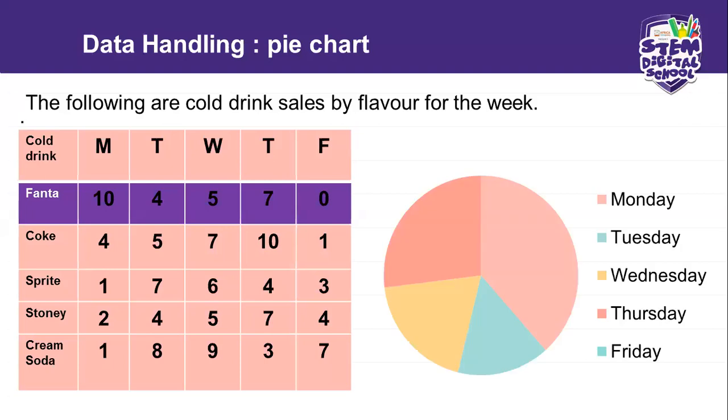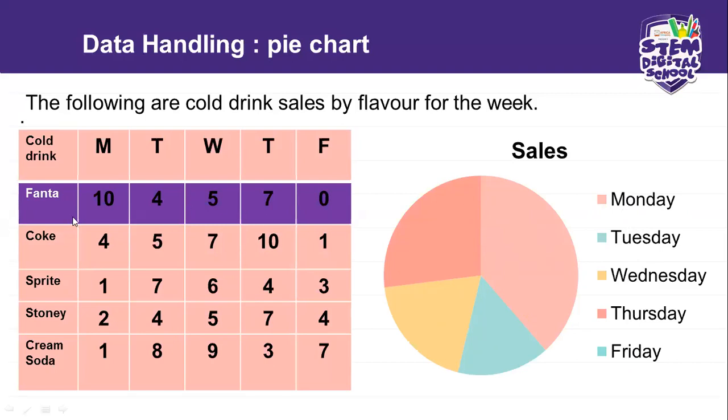Now let's look at the picture. So that is our sales. Remember the other day we talked about when you solve a problem in maths, sometimes you need what we call a key. So these colors actually give us the key and they direct us in terms of what this pie chart means.